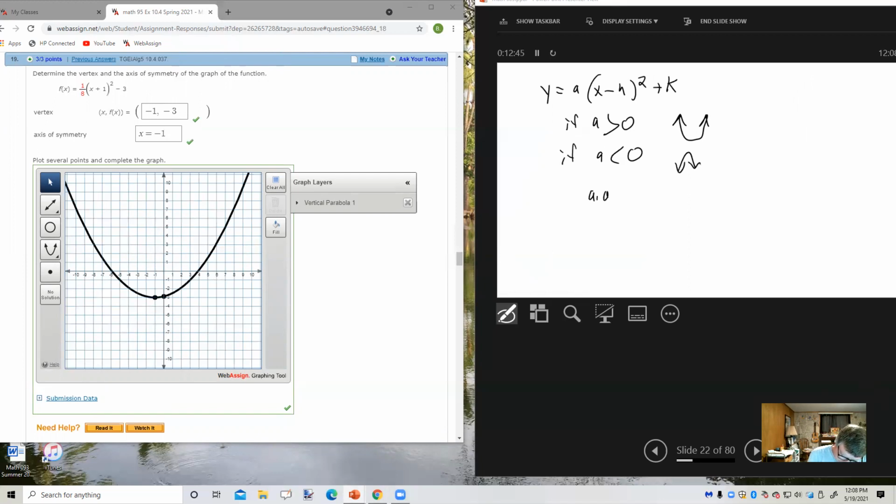The axis of symmetry is x equals h, and the vertex is h, k. When you're plotting it in Webassign, plot the vertex, then another point.